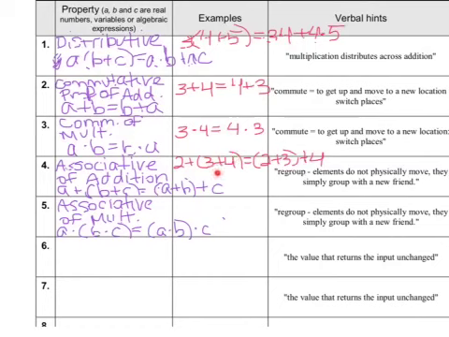Because here we would get 7 plus 2, which is 9, and 5 plus 4, which is 9.